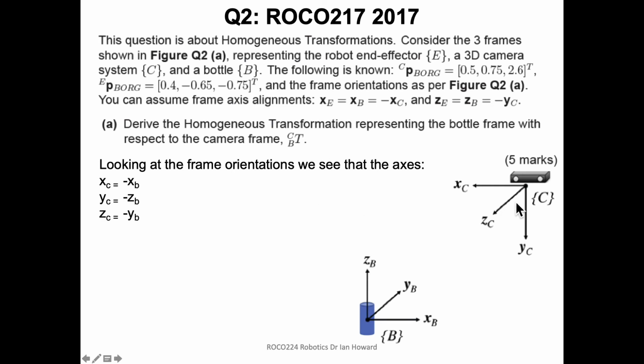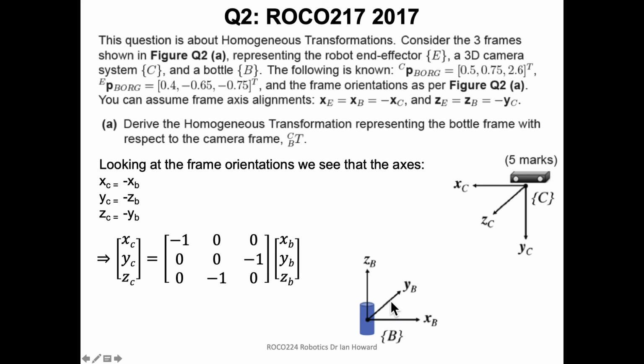And ZC, which is coming out this way, is the opposite direction of y of B. So we need the transformation matrix which maps minus xB to xC, minus zB to yC, and minus yB to zC.